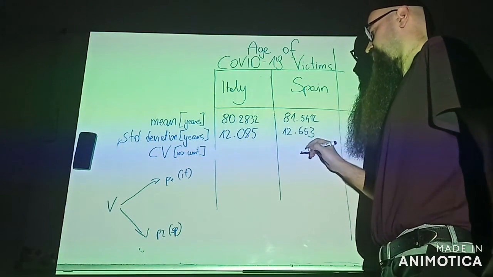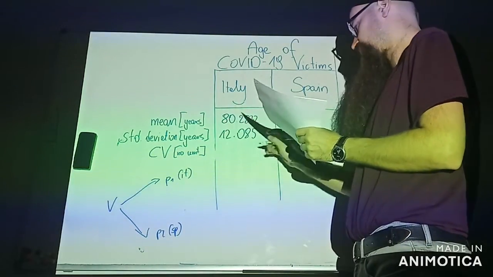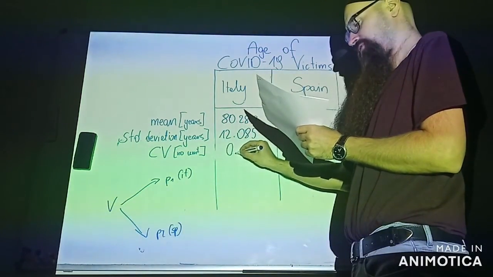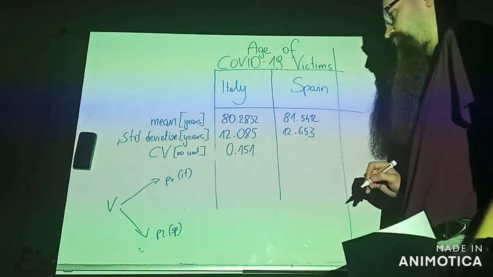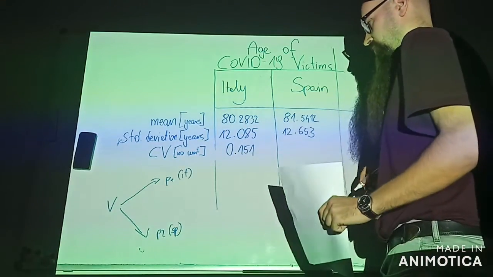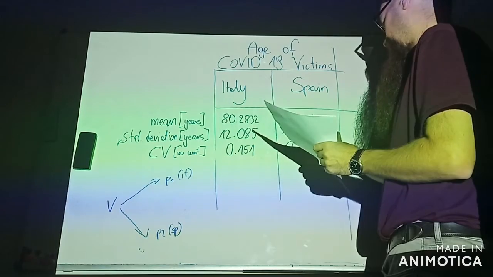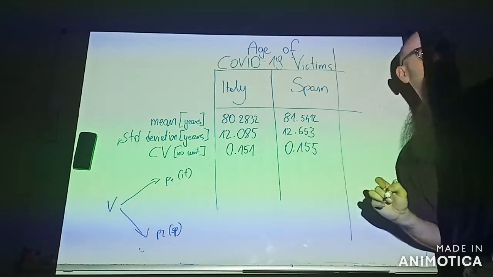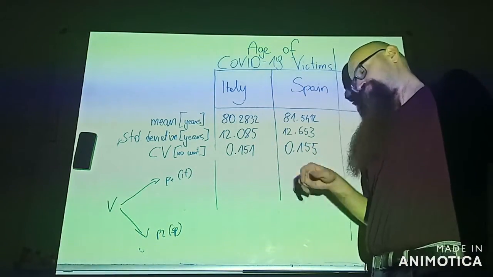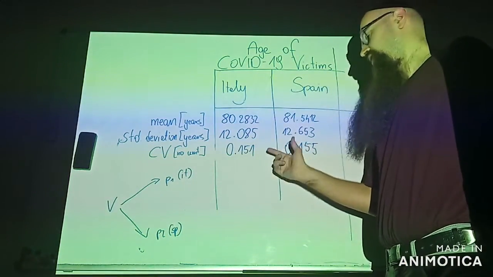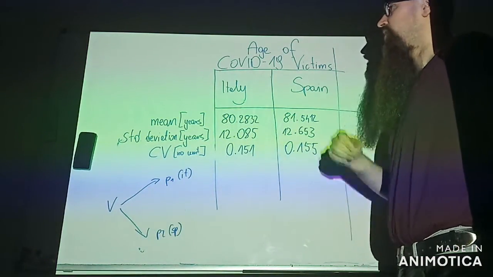And the final results are following. Here we have coefficient of variation equal to 1.51, of course 0.151, and here we have 0.155. Yeah, so as you can see, both populations are similarly differentiated in respect of age.